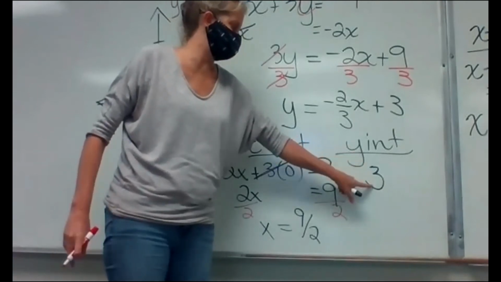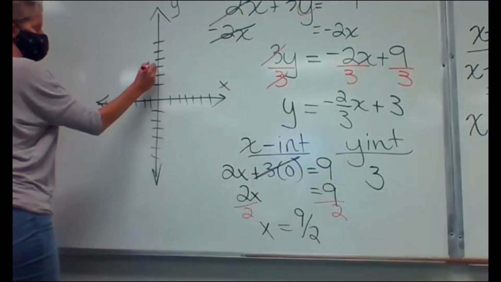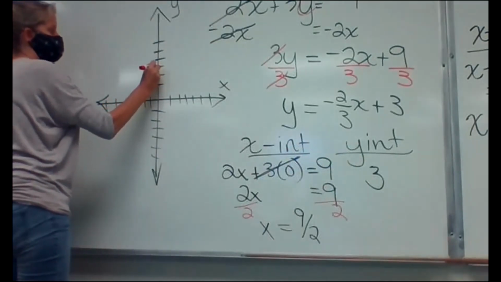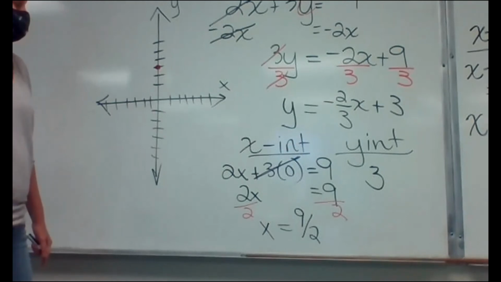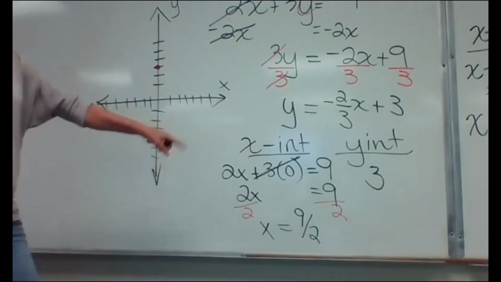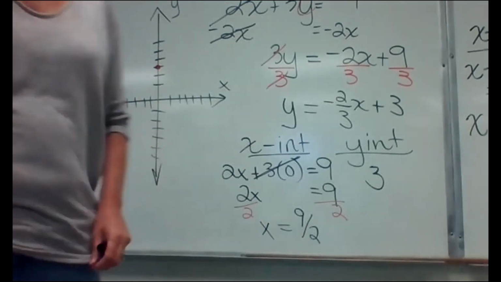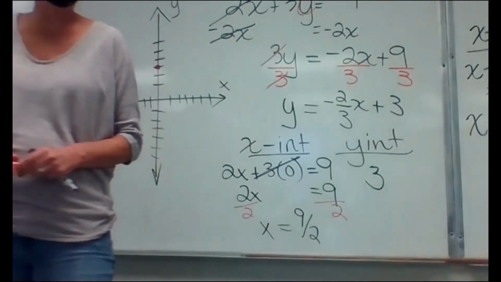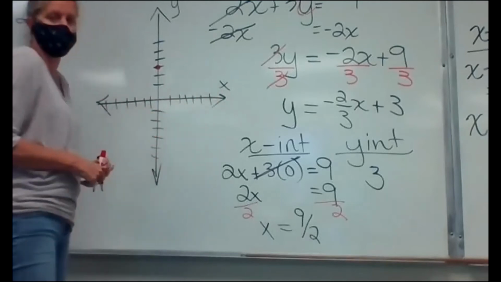That one was easy. I'm going to put a point on the y-axis at positive 3. Now I can put a point on my x-intercept. 9 over 2. Where in the world is that on the number line? I've got to find 9 over 2 on my x-axis.